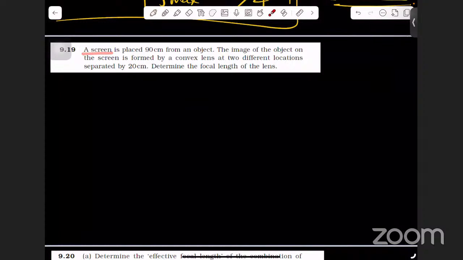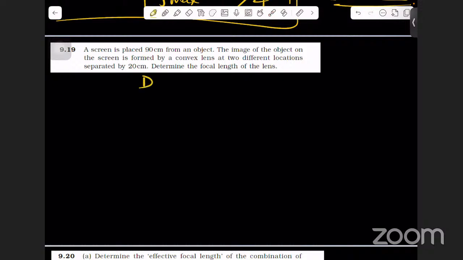A screen is placed 90 centimeters from an object. The image of the object on the screen is formed by a convex lens at two different locations separated by 20 centimeters. Determine the focal length of the lens. So we have been given the distance between the screen and the object. The screen is placed 90 centimeters from the object.